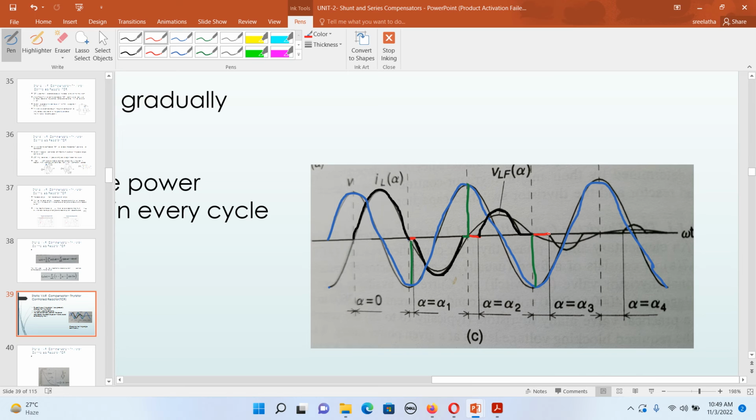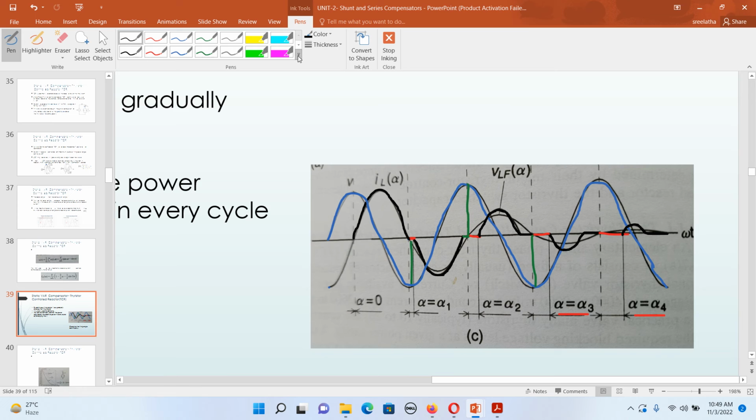The firing angle is much increased now. Now we are moving towards this much. This is a turn off angle, and then we wait for our firing angle. So the firing angle is much increased now when alpha is equal to alpha 3. This is the thing. Okay, then we proceed, and this is much less. So basically the voltage across it is also reducing.